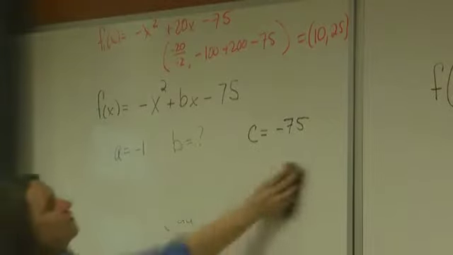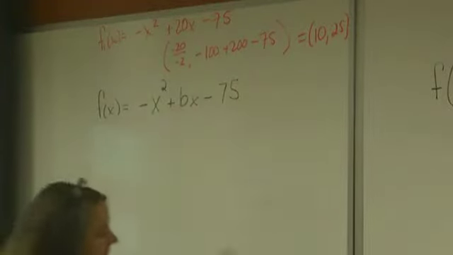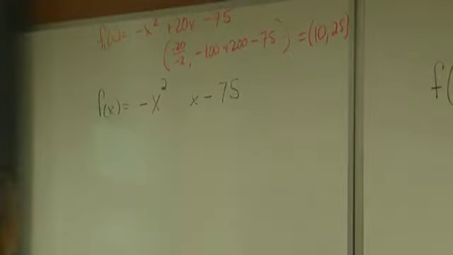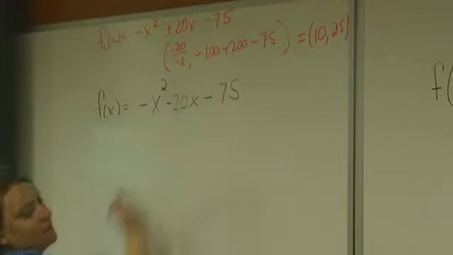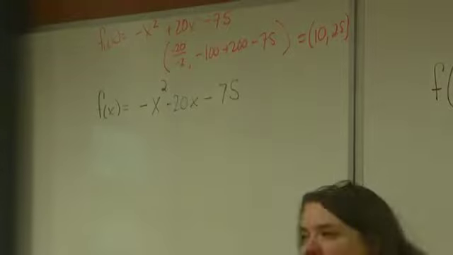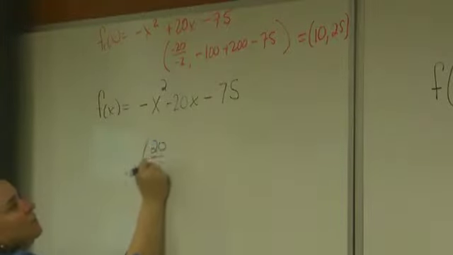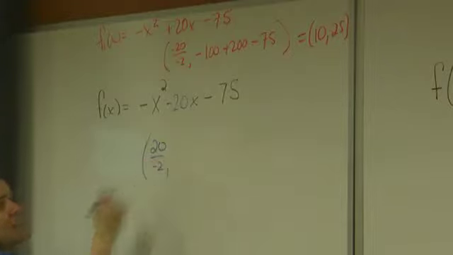Now, does the other value of B work? I don't know. Can I let B be -20? Opposite B over twice A, I get -10.